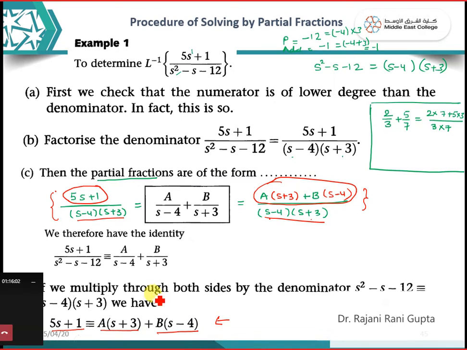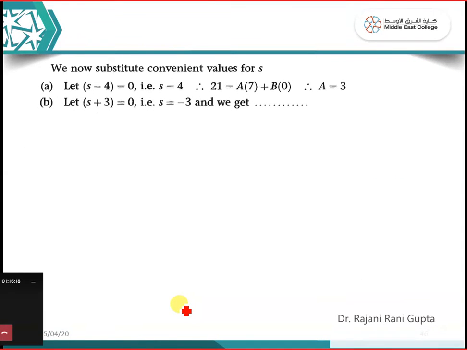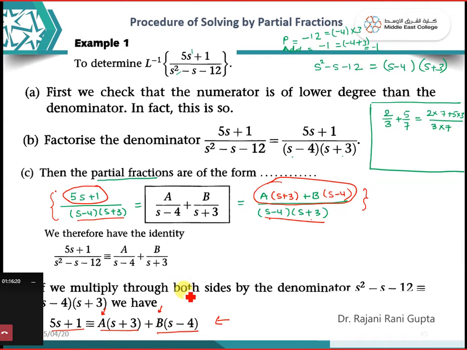Okay, now here comes the part of finding the values of a and b. There are many ways of finding the values of a and b, but I will go for the one which I feel is easier compared to the others. One way is you can collect the coefficient of s and compare, and the constant term, compare it.